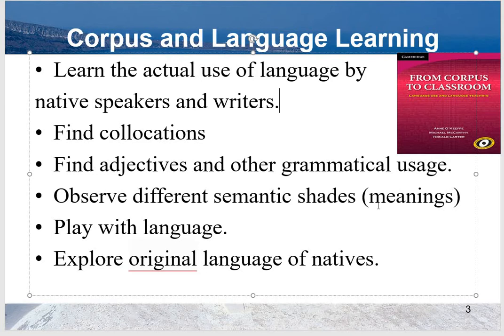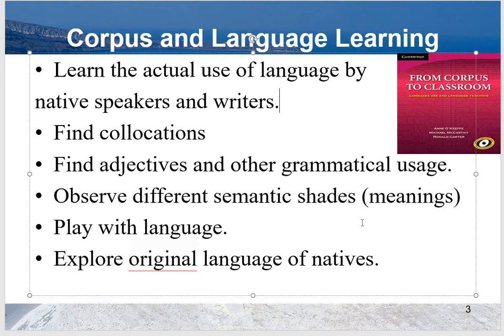Observe different semantic shades. Words change with the passage of time, and you can explore a corpus and find out one particular meaning in one corpus. If you go to another corpus, for example, one corpus is of cricket documentaries, one corpus is hotel management, and one corpus is of fast food.